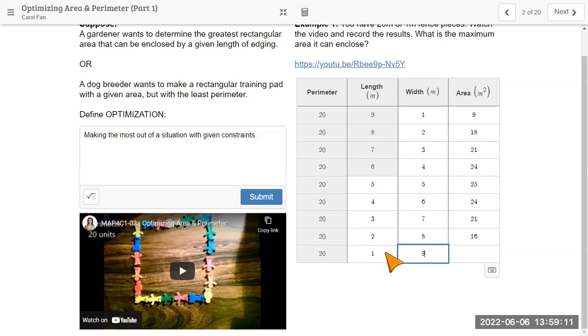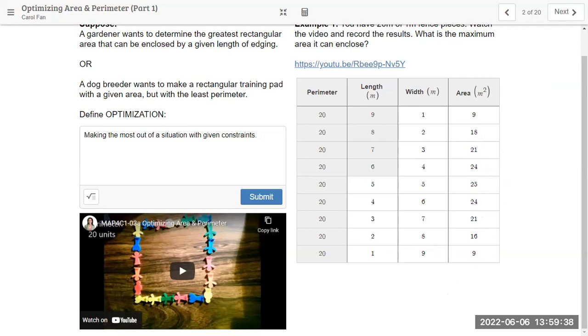And then 1, 9, and 9. In the middle, we have our maximal area. All the other ones are getting bigger and bigger, but once it hits 5 times 5, the area peaks and then it goes down again.